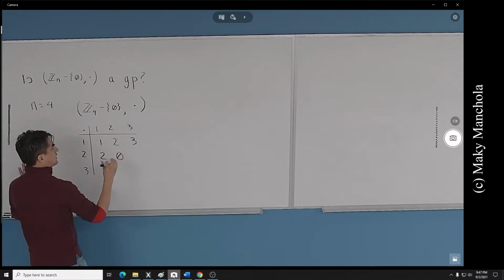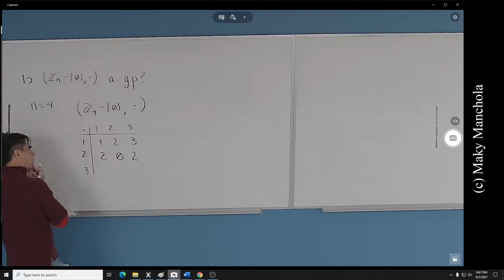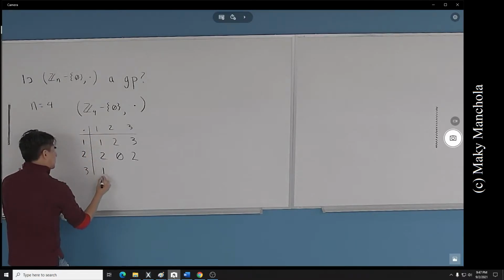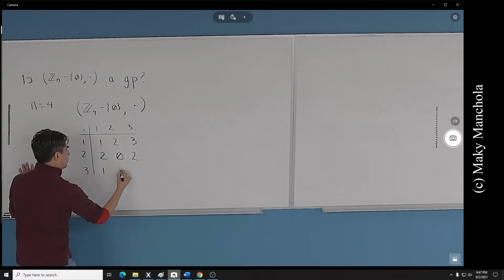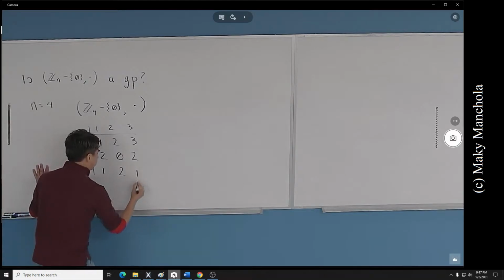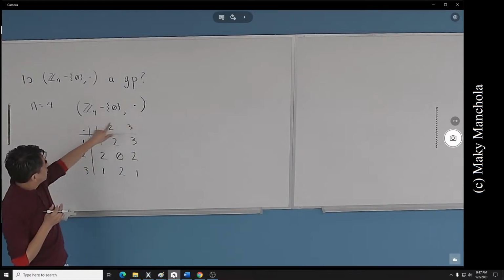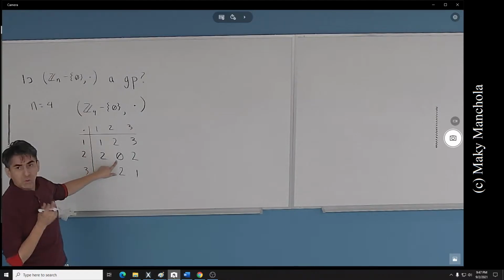2 times 3 is 6. Reduced modulo 4 is 2. 3 multiplied by 1 is 3. 3 multiplied by 2 is 6. When you reduce it modulo 4 it gives you 2. And 3 times 3 is 9, reduced modulo 4 is 1. So looking at this Cayley table for our structure, we realize that the operation is not a binary operation because closure fails.